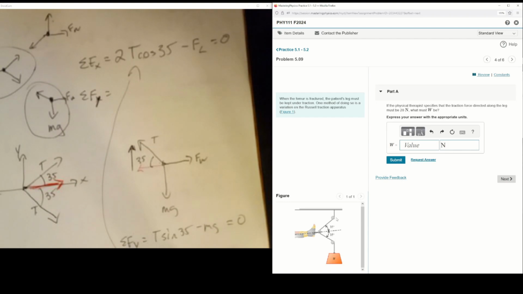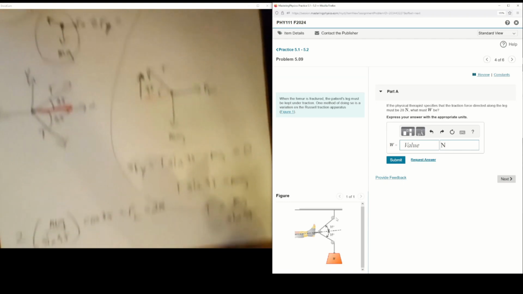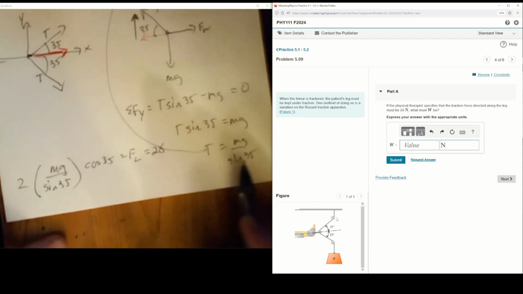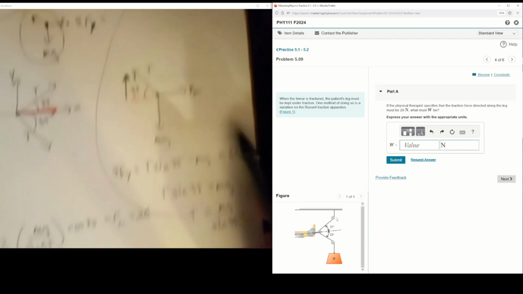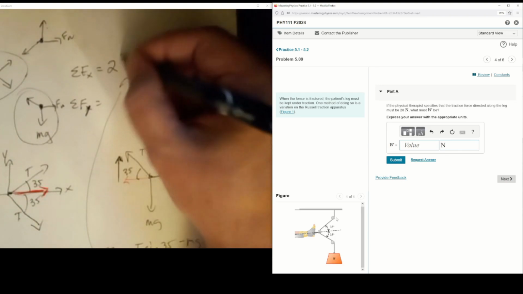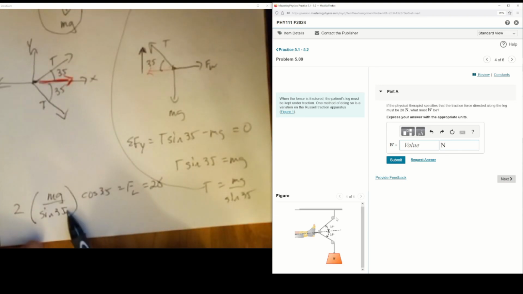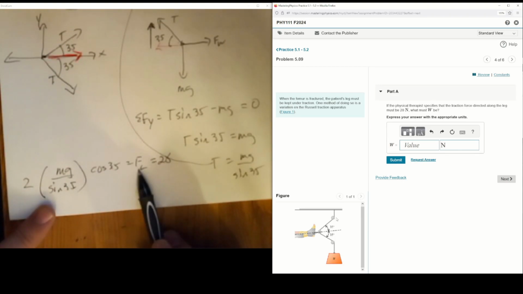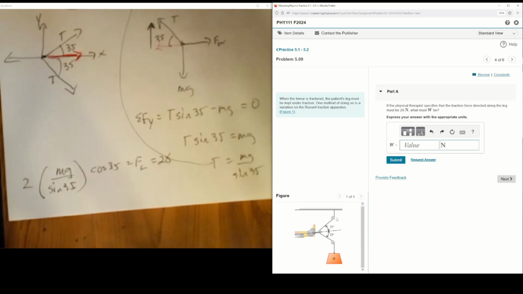And they're telling us they want the force on the leg to be 28. So again, I plugged this into the top equation right here for T. That's what this is down here, and that equals the force of the leg. And then they're telling us right here that the force on the leg has to be 28 newtons.